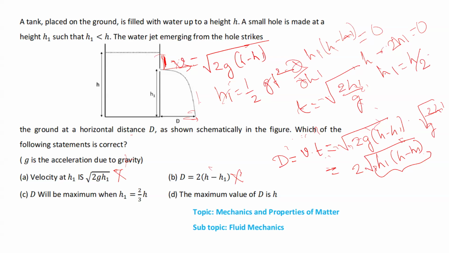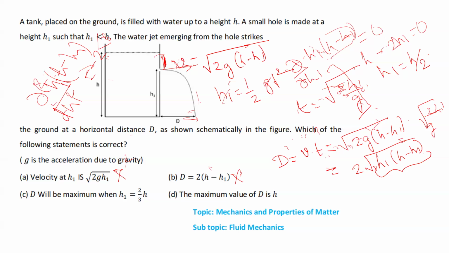So when h1 is h by 2, it maximizes. We can also state this by doing the double derivative of this portion. If we do the double derivative, d square by d h1 square of h1 into (h minus h1), it will give minus 2.